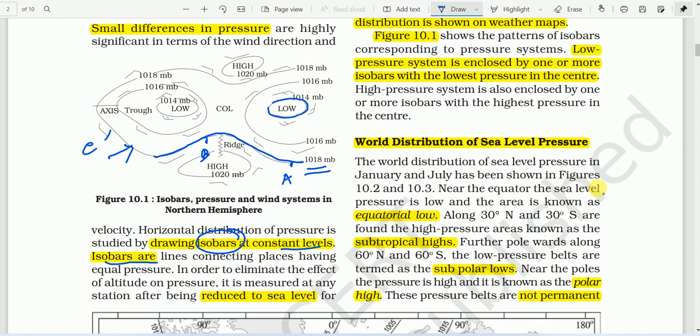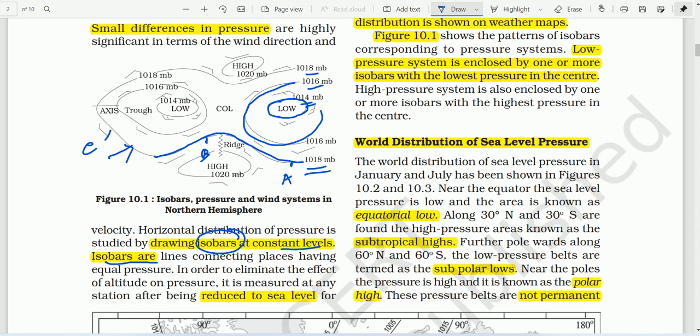Here we have a circular isobar. There may be 2 or 3 circular isobars, but for the low pressure system, at the center you will get the low pressure value. Here the pressure value is 1014, the next is 1016, and the next is 1018.